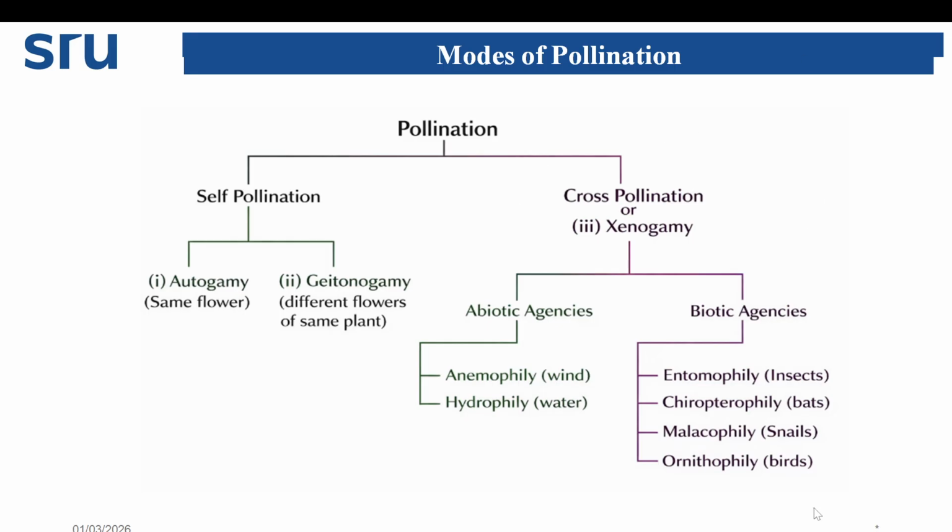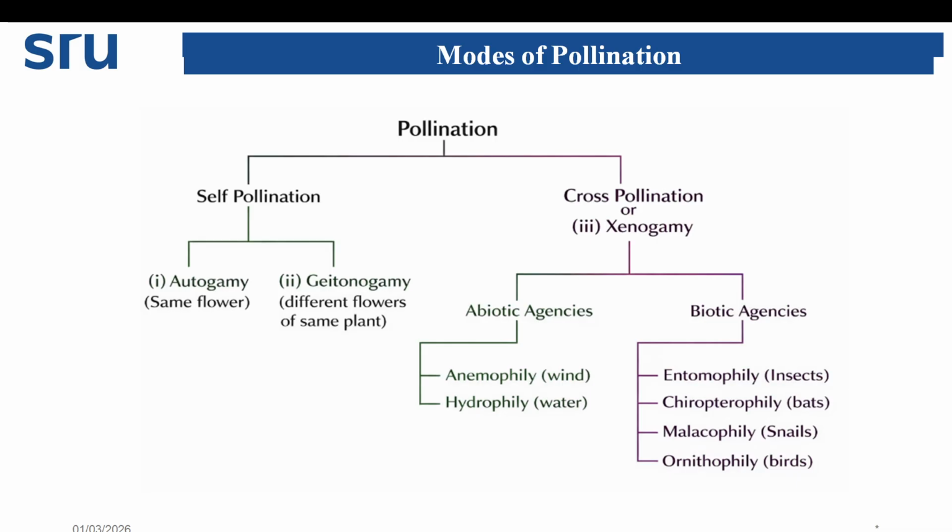There are two major agencies: abiotic agencies and biotic agencies. In abiotic agencies, anemophily is pollination through wind, and hydrophily is pollination through water. Just now we have seen that pollen grains are immobile, so external agents are required to carry them from anthers to stigma.